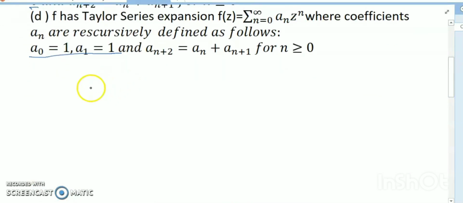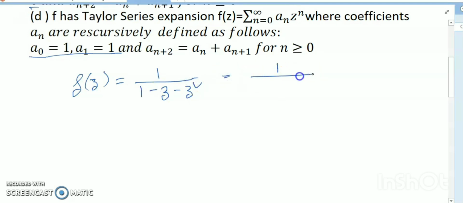So how can I write? Suppose my equation is f(z) = 1/(1 - z²). Okay, so I can write this way: (1 - z) = (z - a)(z - b). Okay, so no problem.